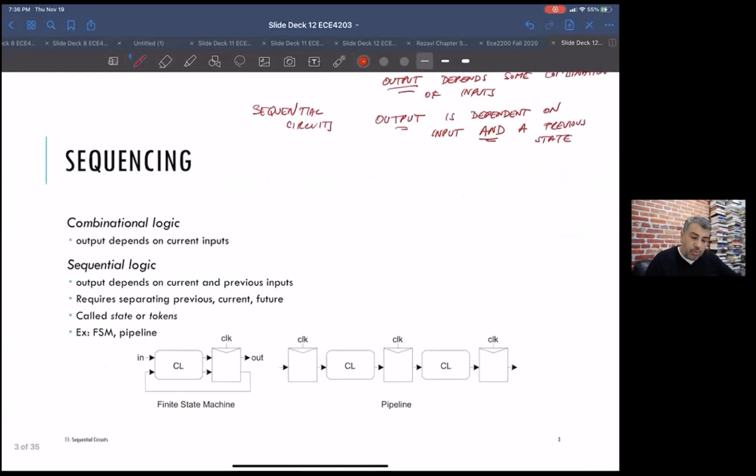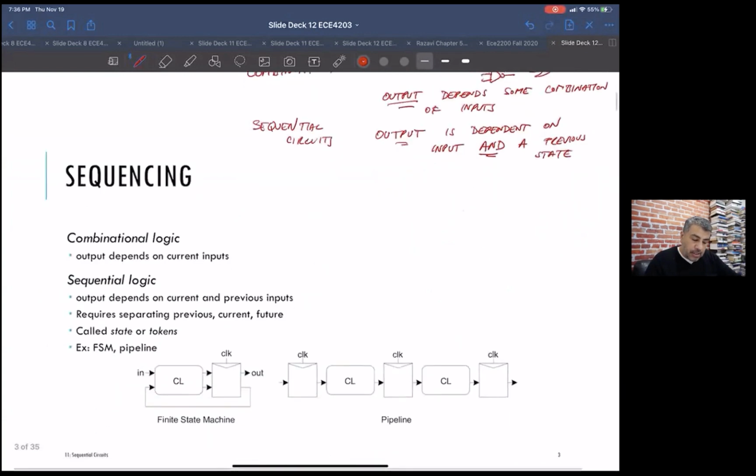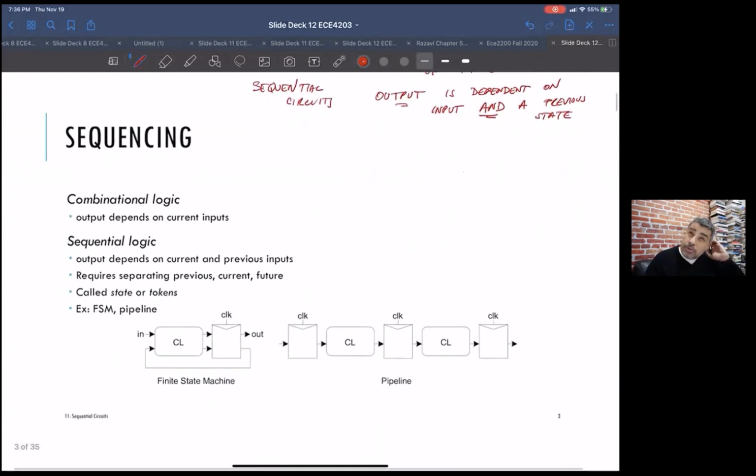Okay, so what are examples of that? Examples of that are finite state machines. So what is a finite state machine?